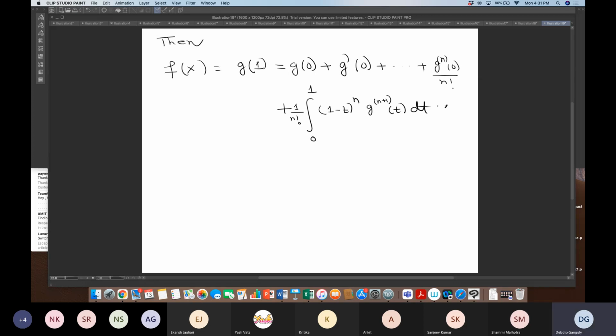Everyone familiar with this remainder term? There are three types of remainder term. One is the integral form of the remainder term. Another is the f (n plus 1) of xi by (n plus 1) factorial type of remainder term. You know all these things, right?